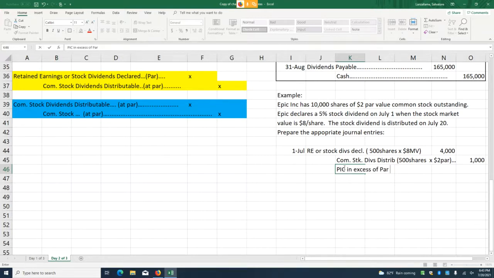I could do the math in my head, it's $3,000, or I could do it by shares: 500 shares multiplied by the difference between the $8 market and the $2 par, which is $6. 500 times 6 also gives me $3,000. So that's the date of declaration.